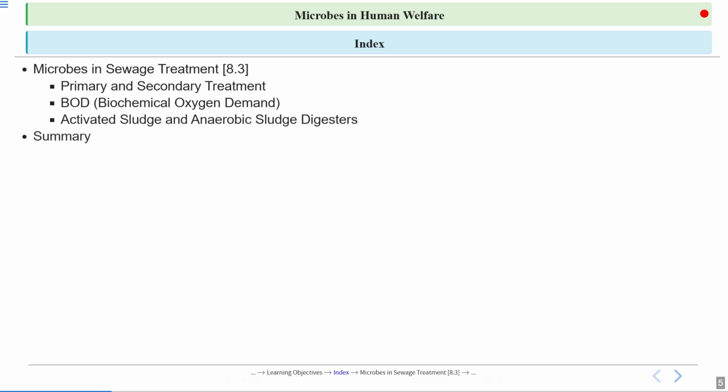Then we will summarize this entire session. We'll discuss some NCERT based questions related to these topics, and some keynotes that will help you memorize these topics as well. In the end, there'll be some interesting questions that will help you enhance your critical thinking ability.